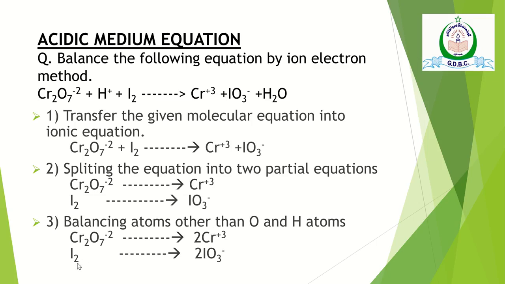And similarly, in the second equation, here we don't have any oxygen atoms in the reactant hand side, but we have 2 3s are 6 oxygen atoms here in the product hand side. So I need to add here 6 water molecules on the reactant hand side. So I will do this.